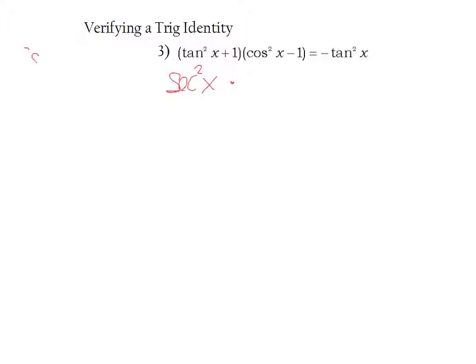Recall that the Pythagorean identity is sine squared theta plus cosine squared theta equals 1. If I'm going to write this as a cosine squared minus 1, that means that's a cosine squared, and I'd have to subtract the 1. Well, that would mean I'd have to subtract the sine squared back over to that side.